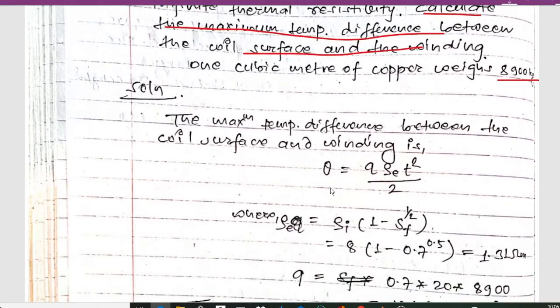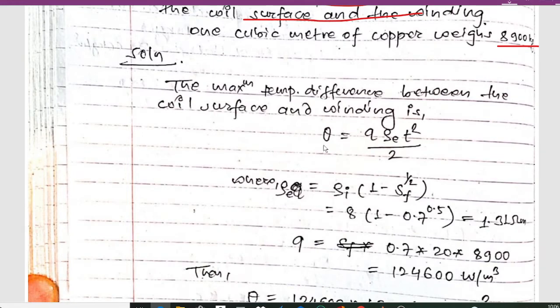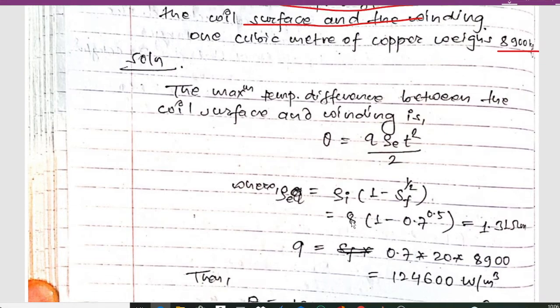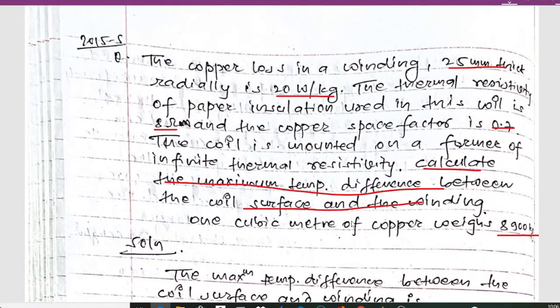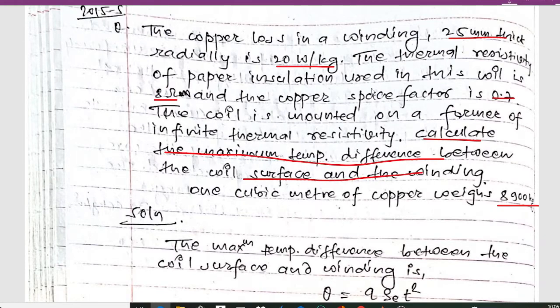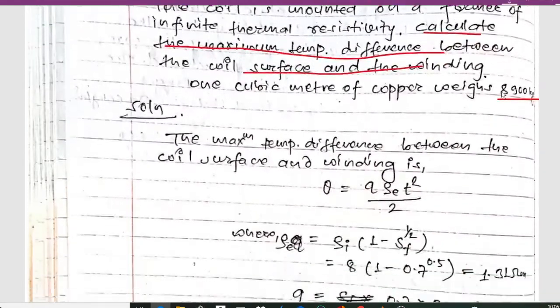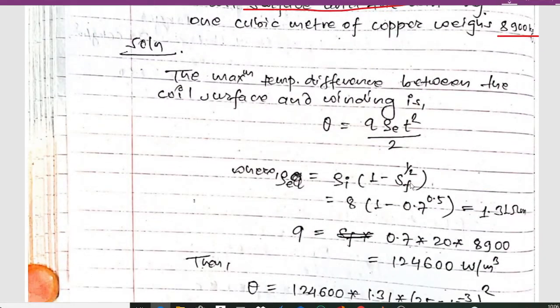It is given as theta equals q rho e into t square upon 2, and in order to calculate the value of rho e we have rho I into (1 minus SF) to the power 1 by 2, where rho I is given as 8, the thermal resistivity of paper insulation is 8 ohm meters, and the space factor is given as 0.7. So rho e is 8 into (1 minus 0.7) to the power 0.5, and we will get 1.31 ohm meters.